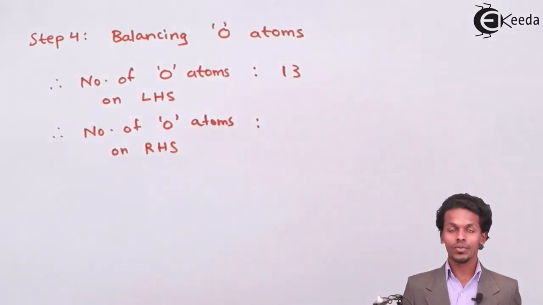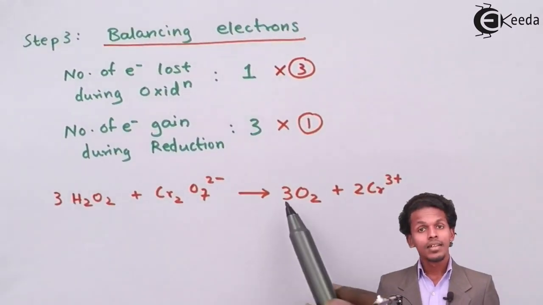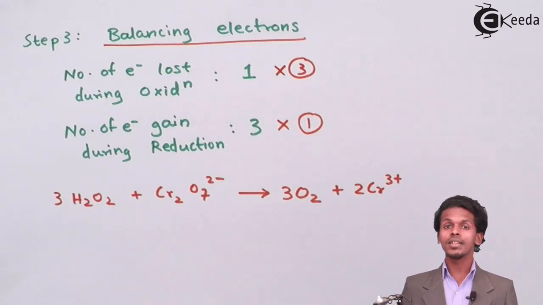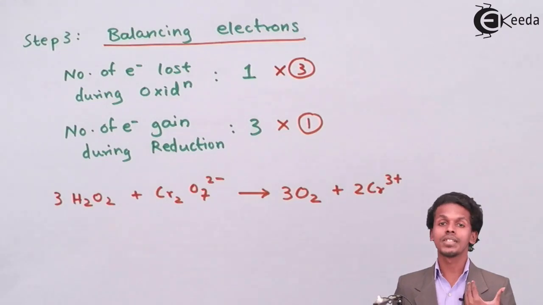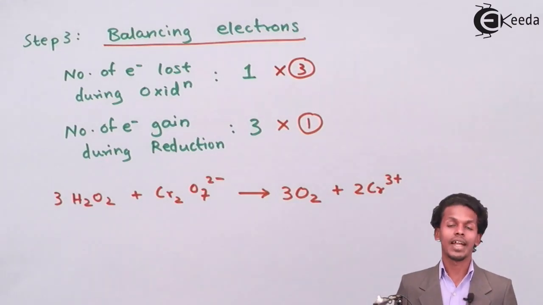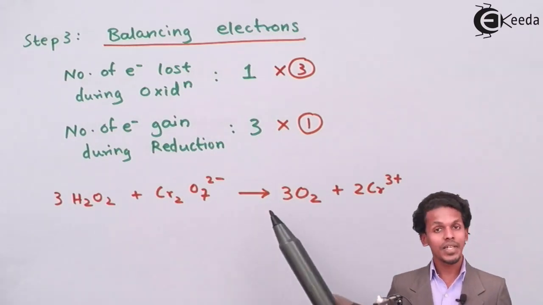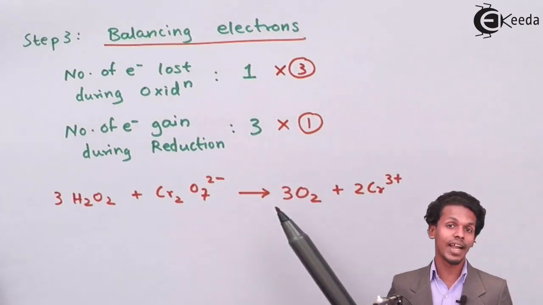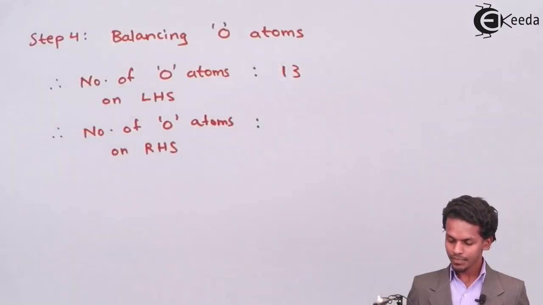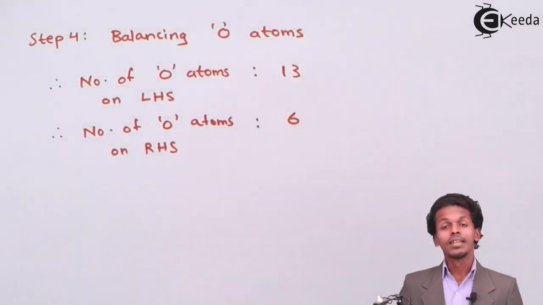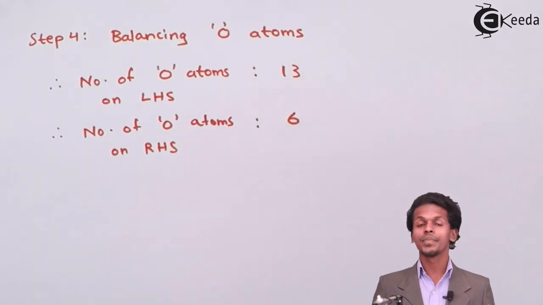We have 3 times O2; an oxygen molecule has 2 oxygen atoms, which means there are overall 6 oxygen atoms present in 3 moles of O2. So I can write it as 6 oxygen atoms present on the right hand side.